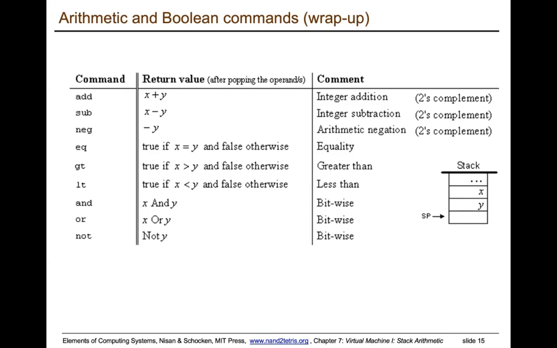So these are the 3 arithmetic ones. The remaining are Boolean: you can do equal, greater than, less than, x and y, x or y, and not y. So these are 3 Boolean. This one compares values, so it's 2 values. Make sure when you do arithmetic, you use the two's complement. If you do and, or, not, it will do the bitwise and, or, not, and you will use the stack to evaluate your arithmetic or Boolean command.